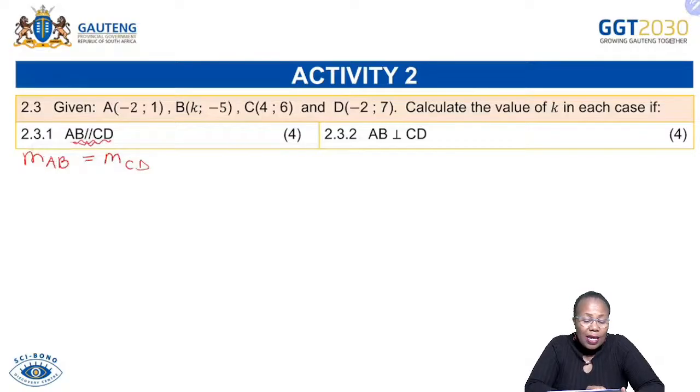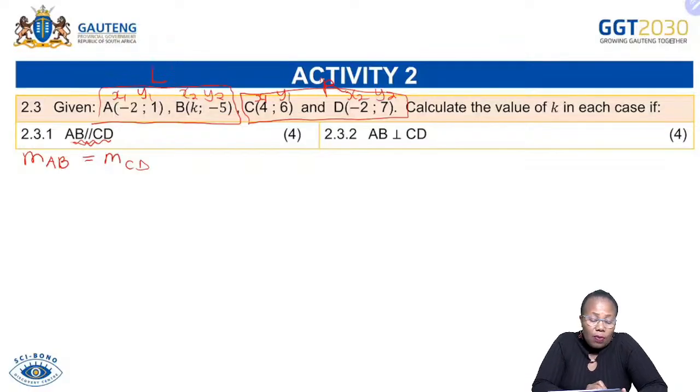And then what is M of AB will depend on AB on the left-hand side, and on the right-hand side, you look at CD. So this will serve as x1, y1, and x2, y2 for the left-hand side. And this one will serve as x1, y1, and x2, y2 for the right-hand side.